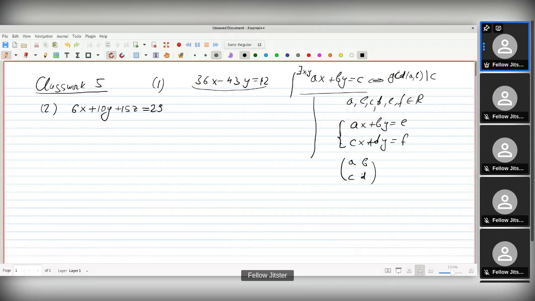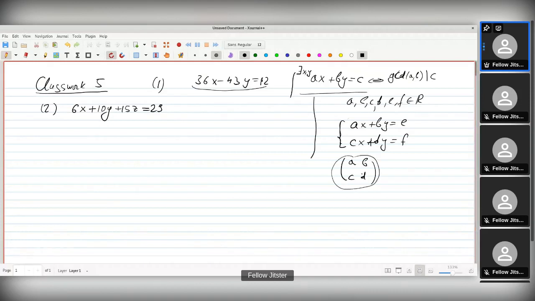Yes, A multiplied by D minus B multiplied by C, a special polynomial known as the determinant associated with such a matrix, must be non-zero. Okay, but given it is non-zero, how many solutions does such a system have? 0, 1, or infinitely many. 0, really?